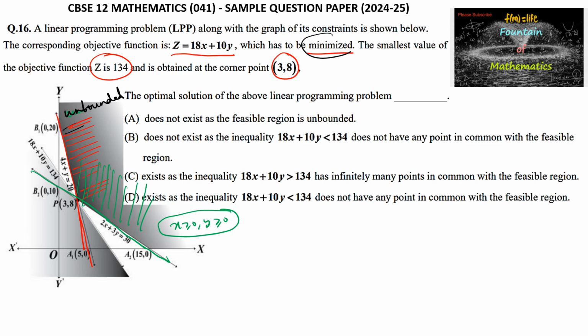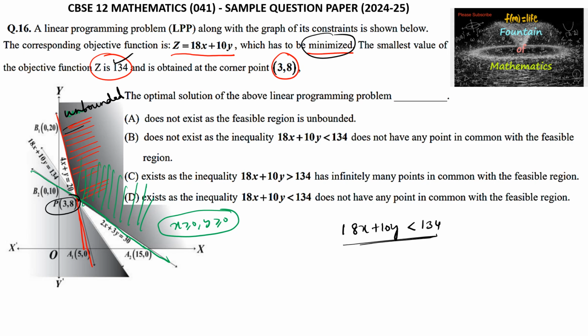Since we need to minimize, we have to consider the function 18x plus 10y is less than the value at the point of intersection, which is here at the point 3 comma 8, and it is 134. So less than 134.